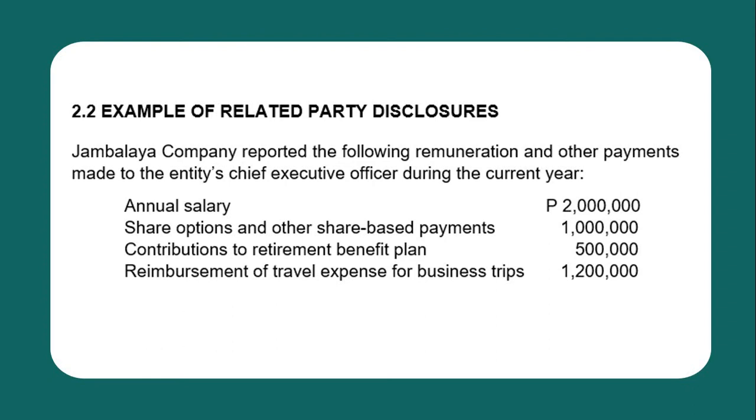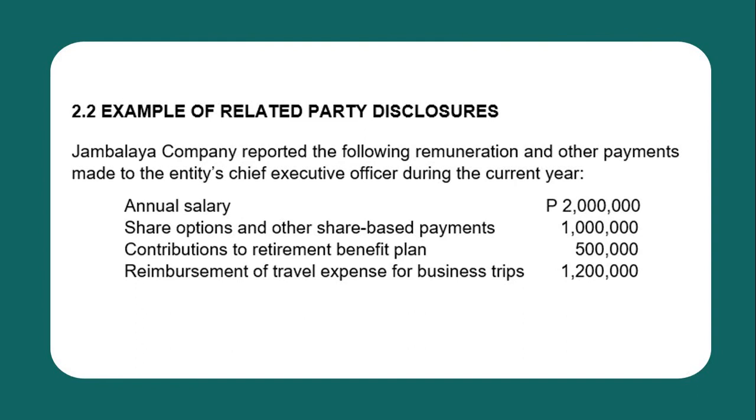So again, as I've mentioned earlier, the transactions to be disclosed in relation to the key management personnel are the annual salary or the basic salary and other benefits received by the officer in exchange of the services he renders. So one of them is the annual salary.